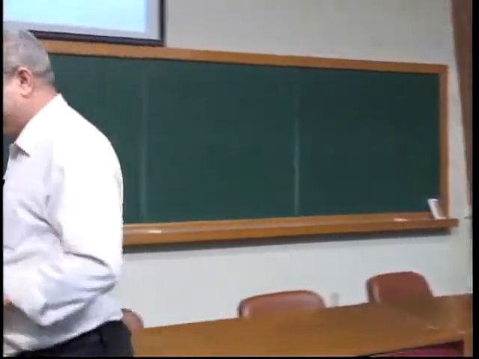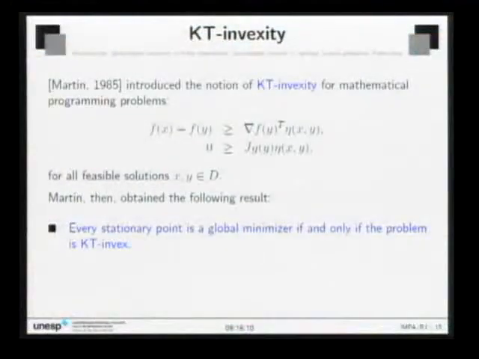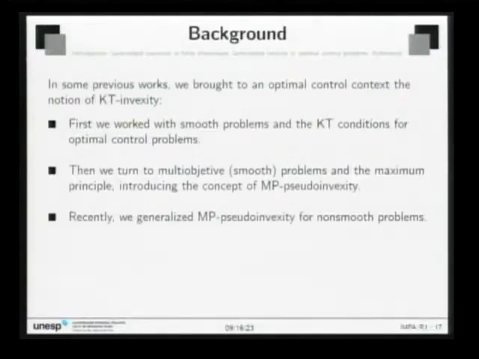Then we try to generalize this for optimal control problems. Not directly, so things are a little bit different. Okay, this program we started some years ago. First, we worked as usual with simple problems, smooth problems, and we could get some kind of KT conditions for the optimal control problems.